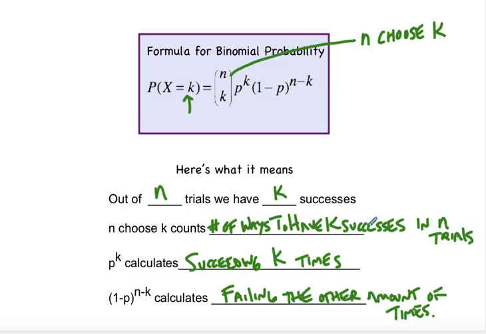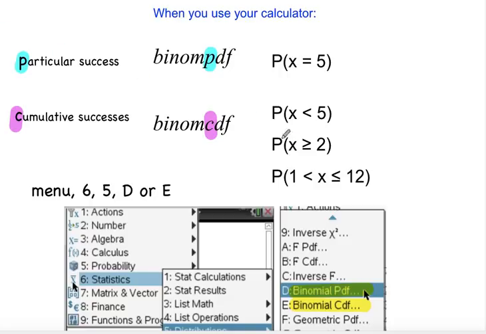We're going to go through this formula with numbers, and hopefully it'll make a little bit more sense. But you get to use your calculator a lot. In your calculator, if you go menu and then you choose statistics, distributions, then you scroll down and you're going to find either a binomial PDF or a binomial CDF.